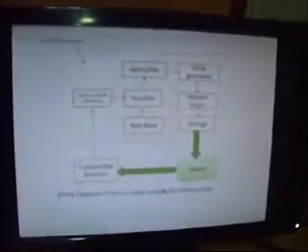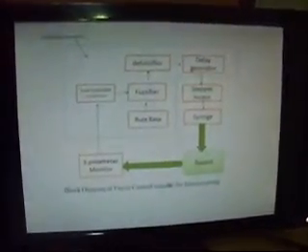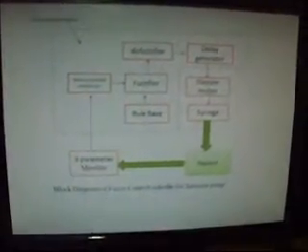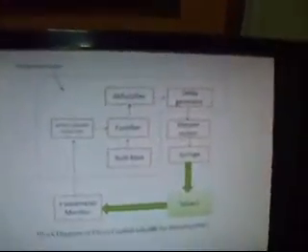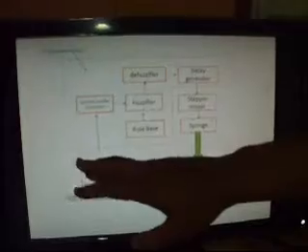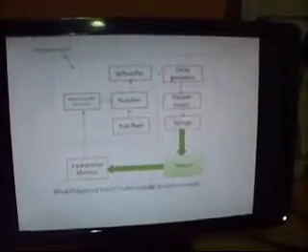So this is the block diagram of the system. The patient's physiological condition is monitored by using this multi-parameter monitor. It sends that condition to the FPGA, that is my controller. In this FPGA, the multi-parameter monitor is sending this data using the UART protocol.